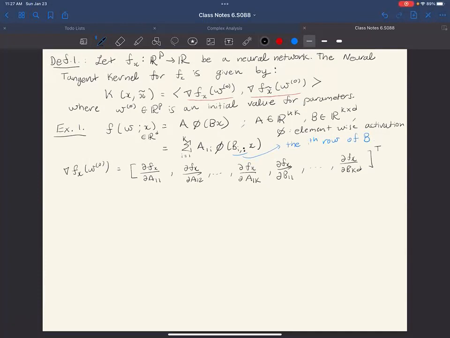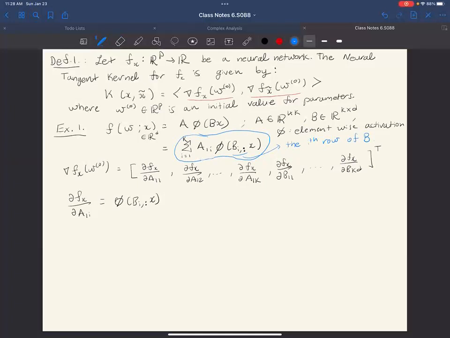Okay. Now let's just go ahead and compute these. So for any i, what is partial f of a1i? Well, this is just phi of bi colon x. And remember, this is all coming from this formulation here. This makes it a lot easier for me to see, because I just look at the a1i term, and then I can pick out that the partial derivative is phi of bi colon x.